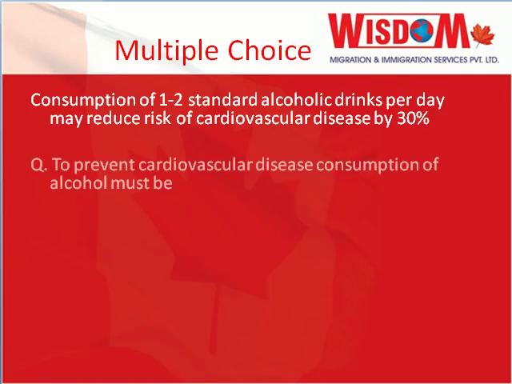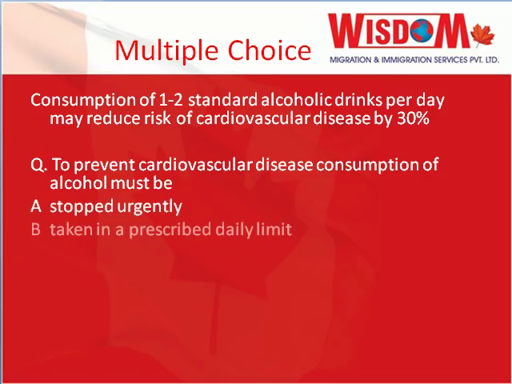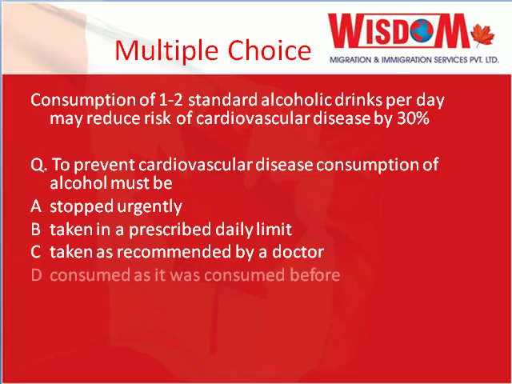The question is, to prevent cardiovascular disease, consumption of alcohol must be A. Stopped urgently, B. Taken in a prescribed daily limit. C. Taken as recommended by a doctor. Or D. Consumed as it was consumed before.